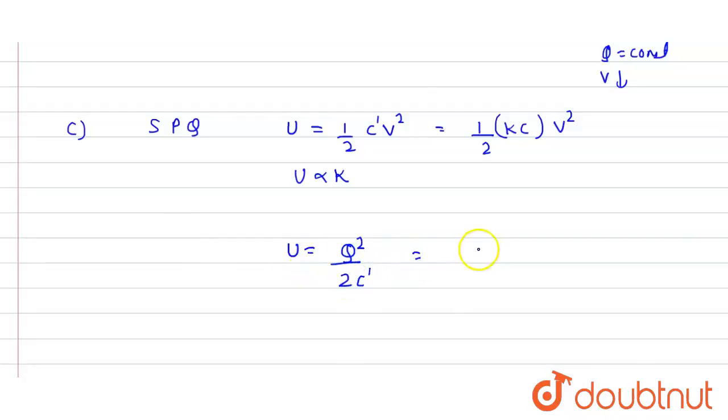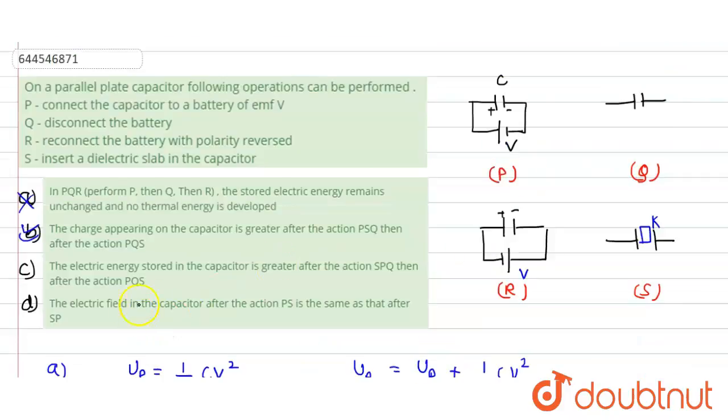Now U would turn out to be Q square divided by 2KC. That means U would be inversely proportional to K in the second case. This is the first case, this is the second case. U is directly proportional to K in the first, and U is inversely proportional to K in the second. Clearly U1 would be greater than U2. So the energy in the process SPQ would be greater than in the process PQS. So C is also correct.